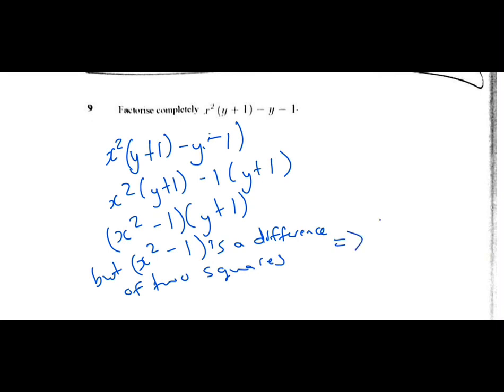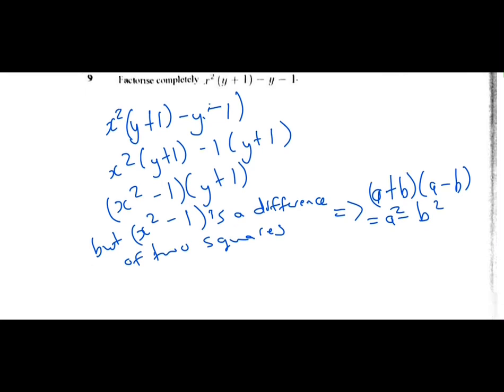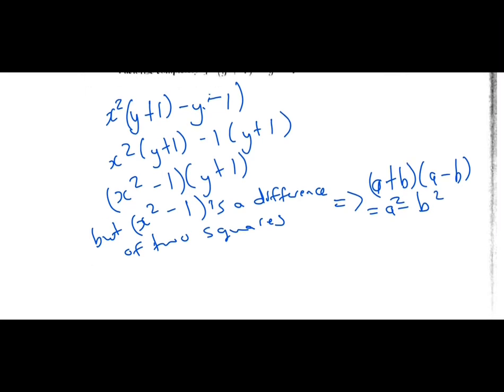So it will be x plus 1 bracket x minus 1, since you know that the difference of 2 squares, a plus b bracket a minus b, can be written as a squared minus b squared. So here x squared minus 1 can be rewritten as x plus 1 bracket x minus 1, and then we multiply also by the other bracket, y plus 1. So this is our factorized expression.